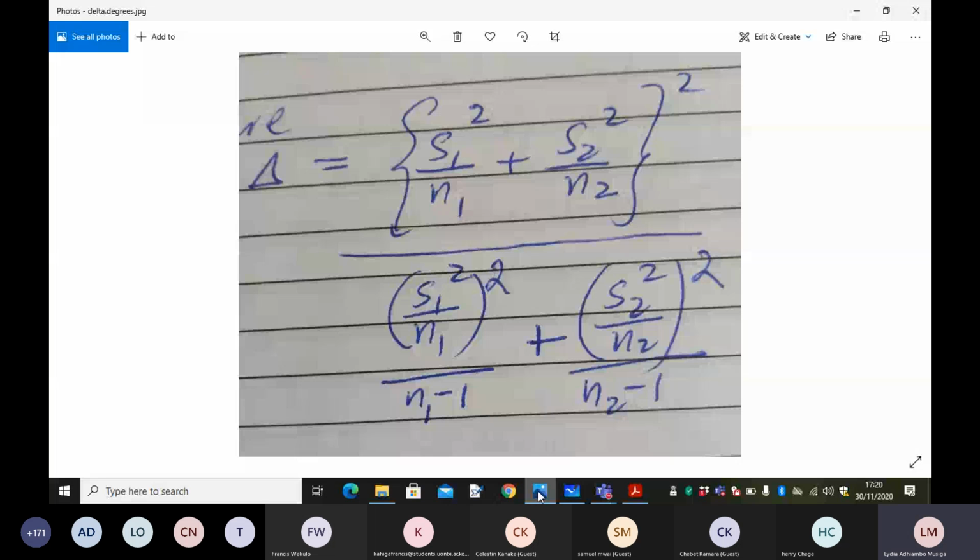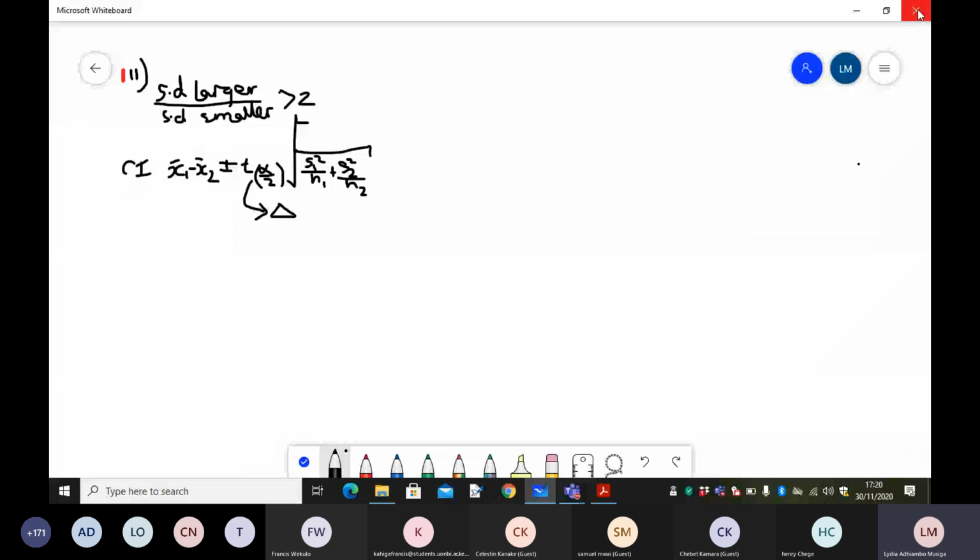When we compute delta, we round that figure down. So that is the formula that we use when calculating the degrees of freedom, which are represented by delta. And once we obtain the degrees, we round it down.